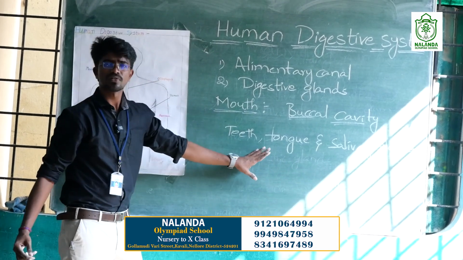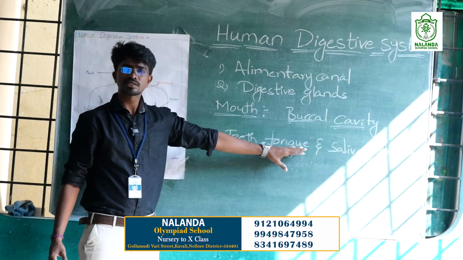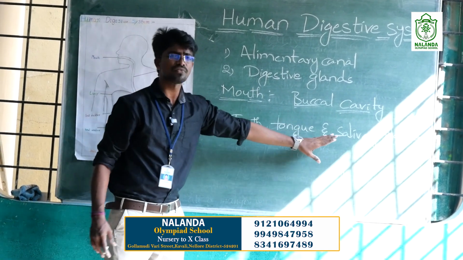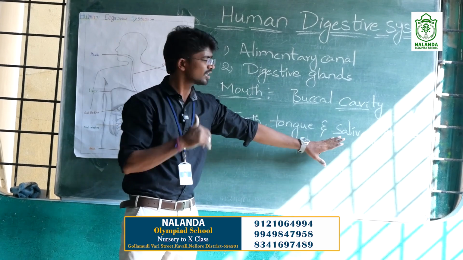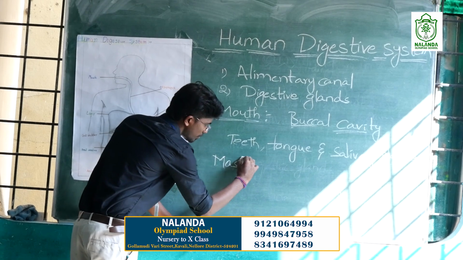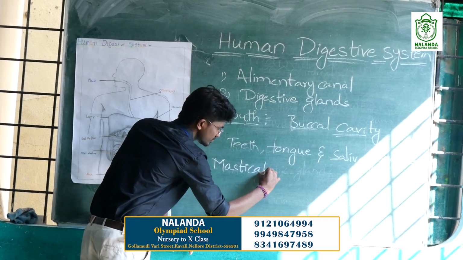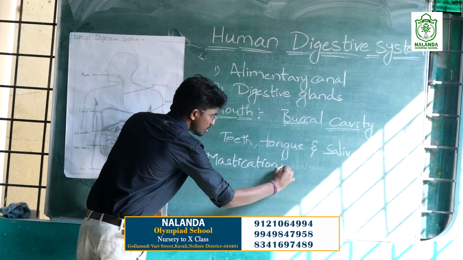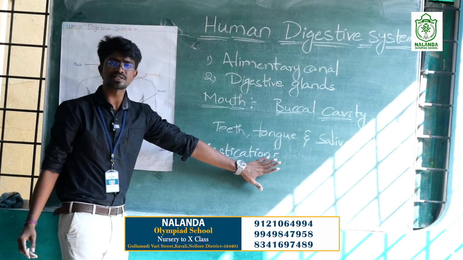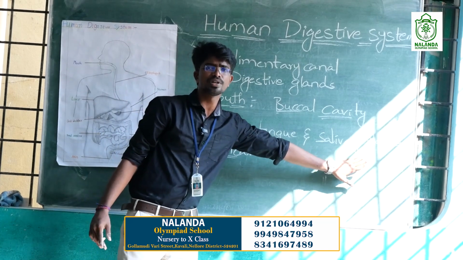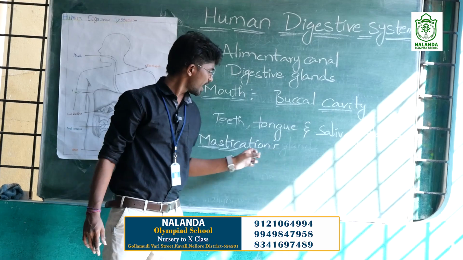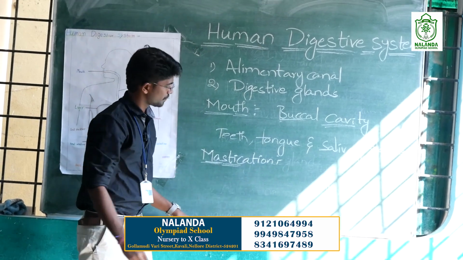The process of chewing, with the movement of jaws and teeth, is known as mastication. Children, mastication means the chewing of food, which involves the movement of jaws and teeth.